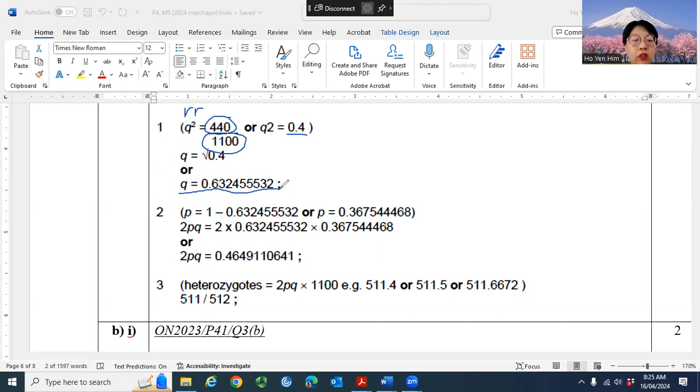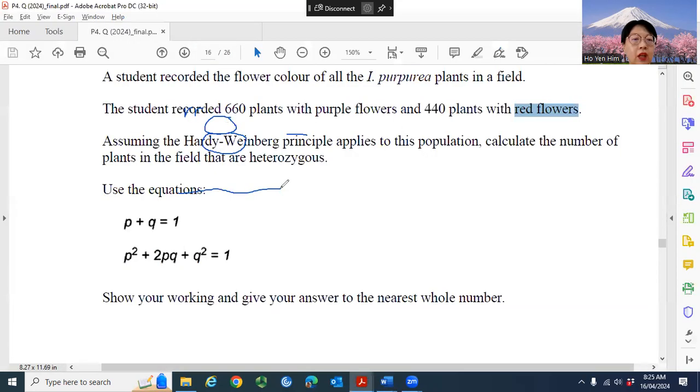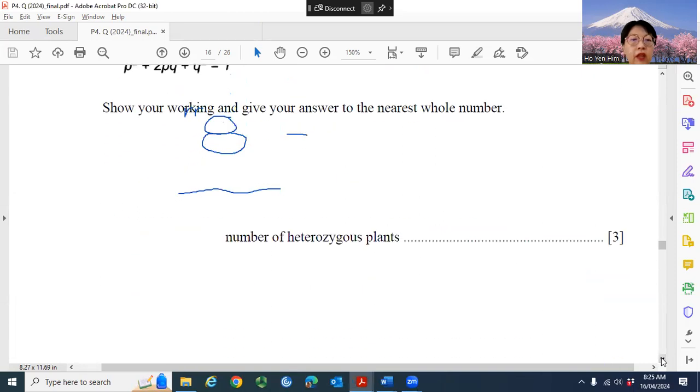You want to find out, what was the question? Number of heterozygous plants. That means you want to know the number which is big R, small r.